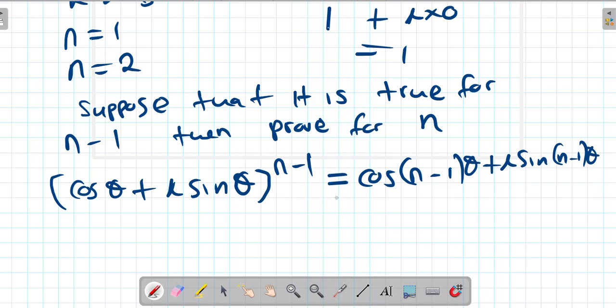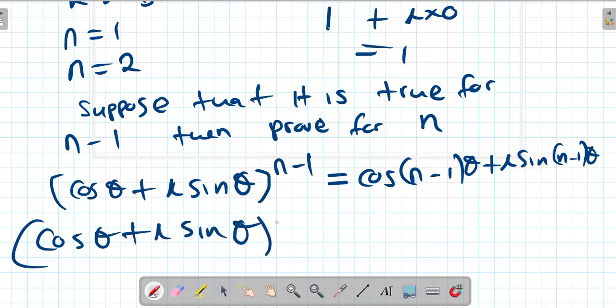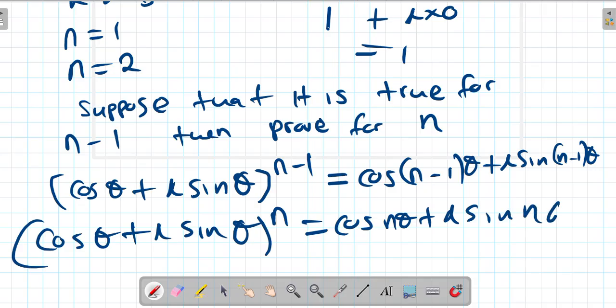Alright, so using this, we're going to try and prove that it's also true for the nth step: (cos theta plus i sine theta) to the power n is equal to cos n theta plus i sine n theta. So we're going to use this in order to prove this.